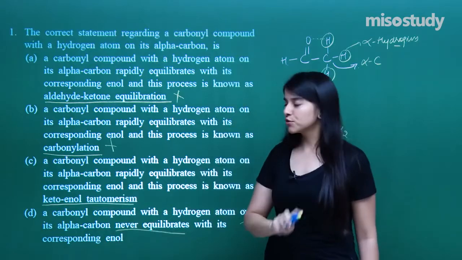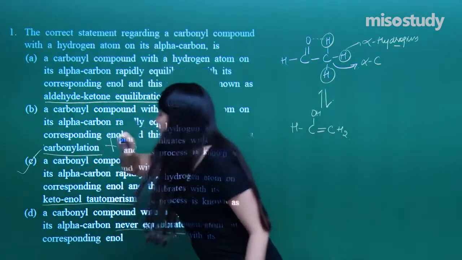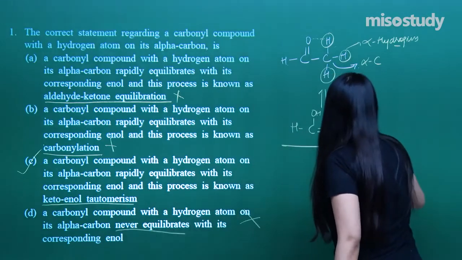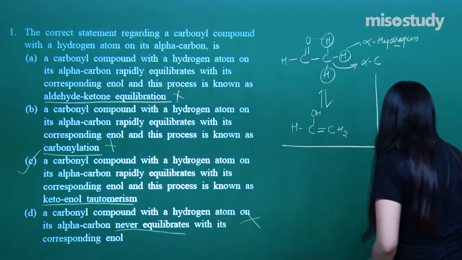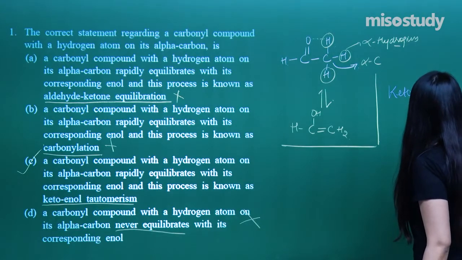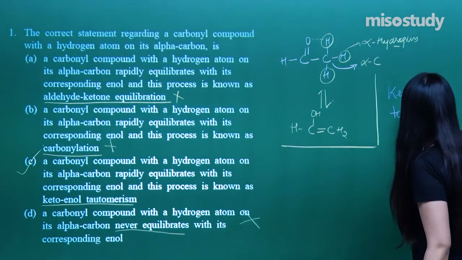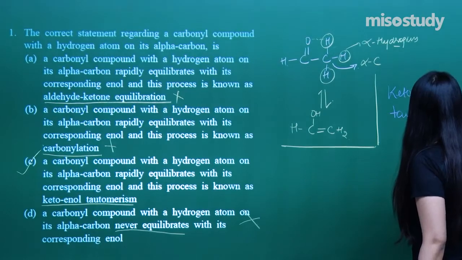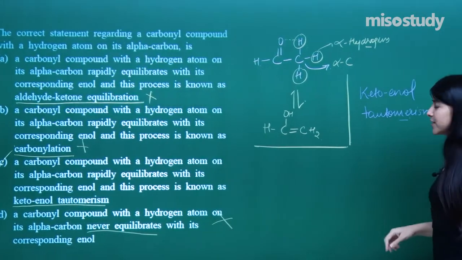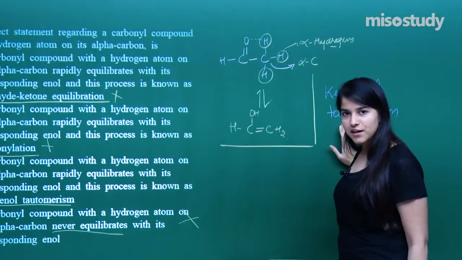So that is option C, the third is the answer to this question. So this very process over here is nothing but keto-enol tautomerism. We have done this in the GOC sessions as well. So I hope you all have got the answer now.